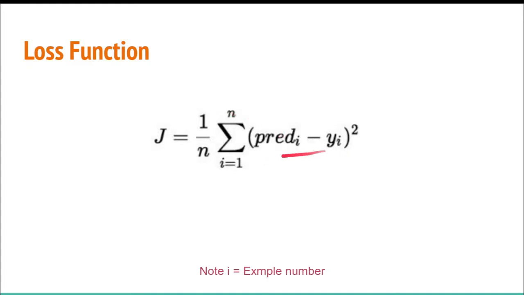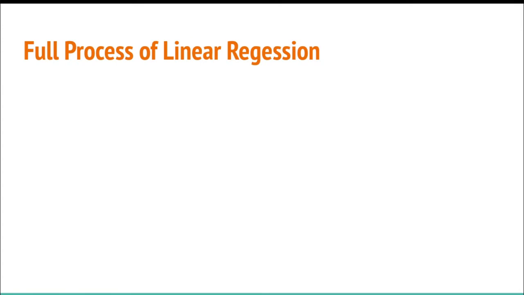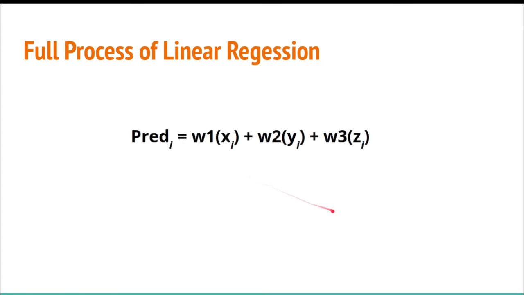This is the equation where i is the index of the example and n is the total number of examples that we use for predicting. So if you don't understand right now, no problem, we will understand it with the full process.